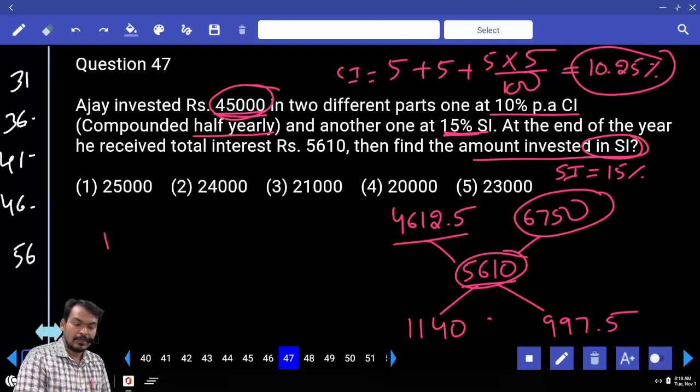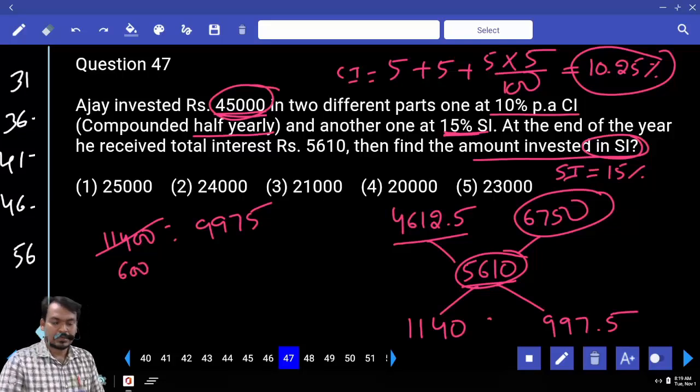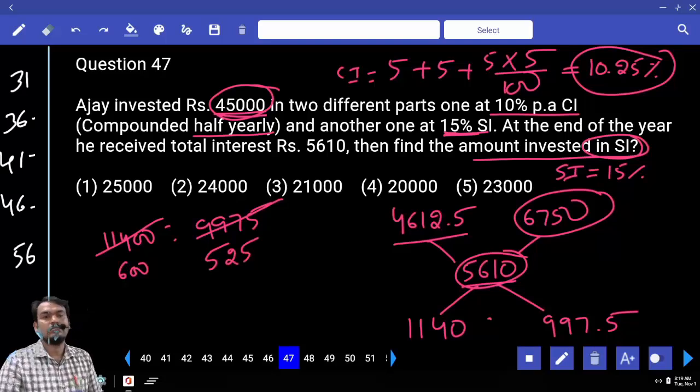This one we write as 11,400 is to 9,975. 114 is a multiple of 19. Yes or no? 19 how many times? 6 times, nothing but 600. Next, 19 how many times? 5 times, remaining 47. 47 means 2 times. Again 5 times. Yes or no?